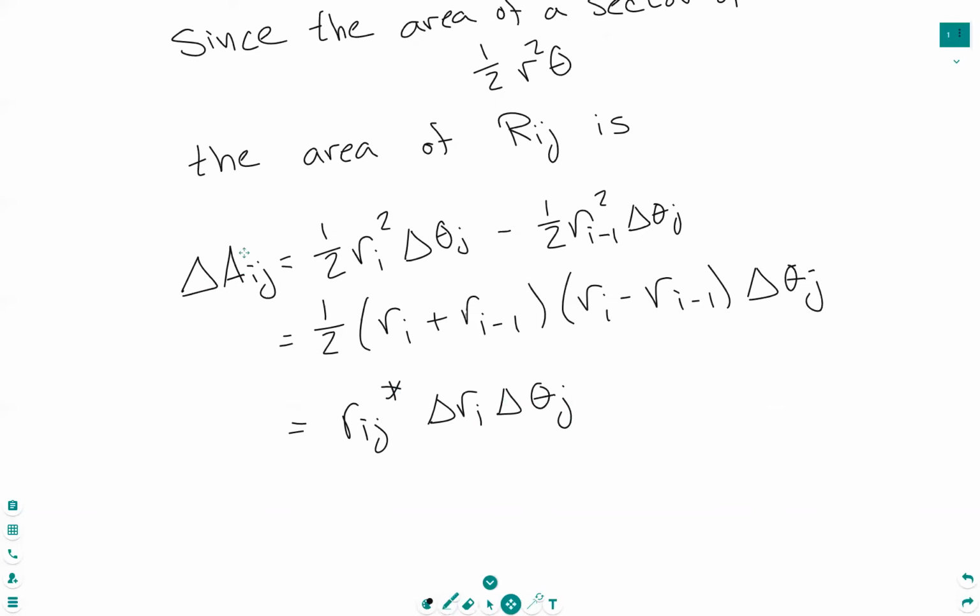So this is our small area component. And we can write it as a small change in R, a small change in theta, but now we've got this extra sampling point that's floating here.